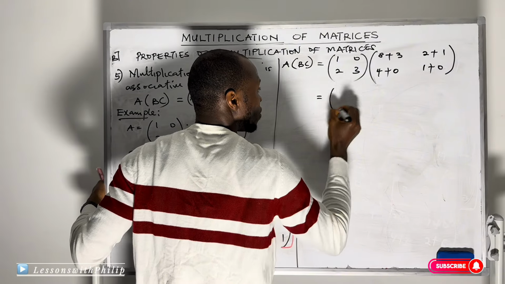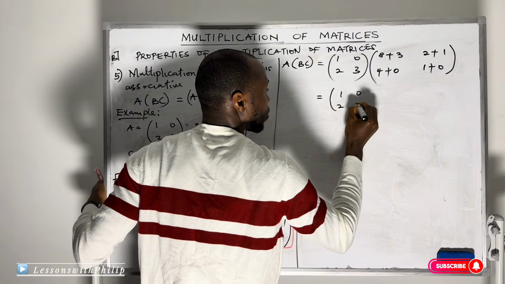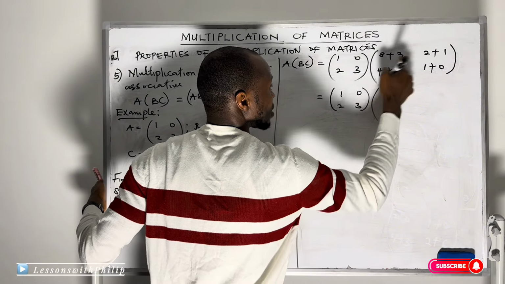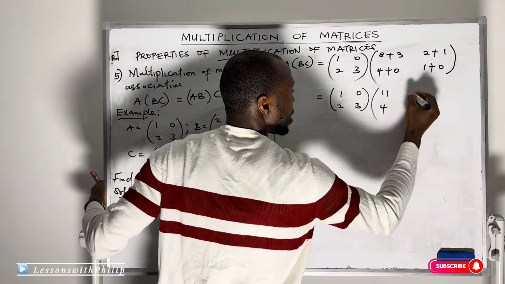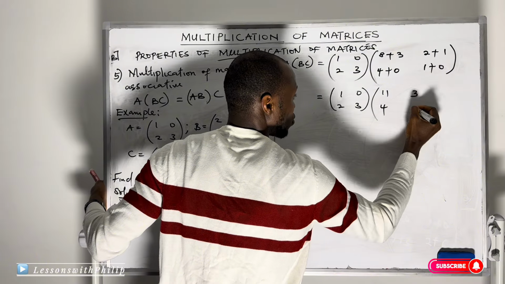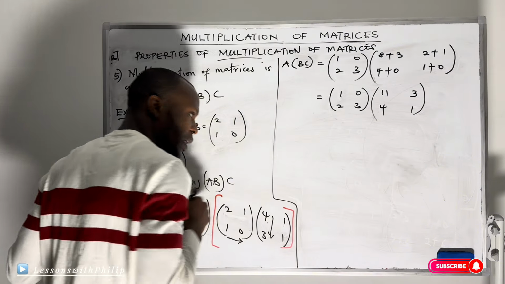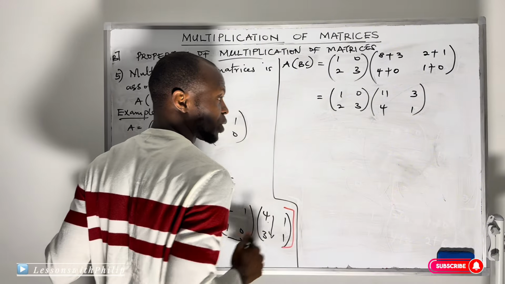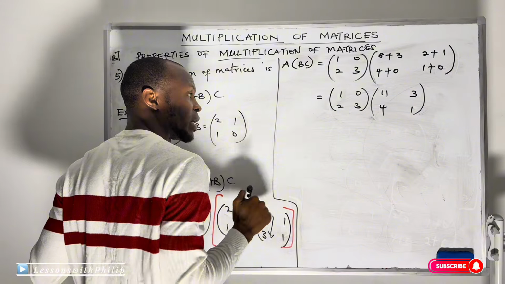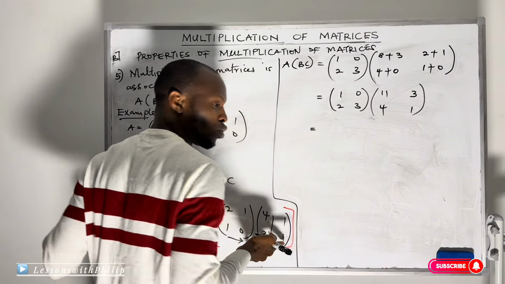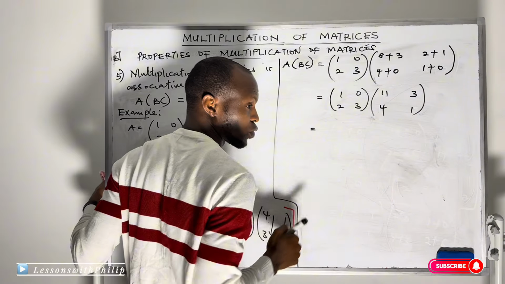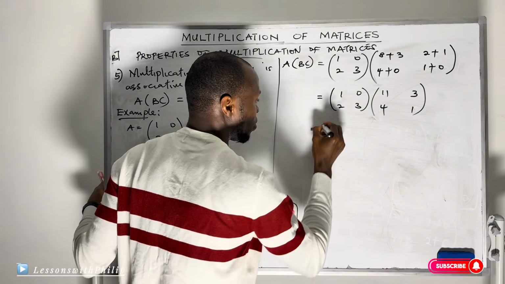Let me do the addition. So we have 1, 0, 2, 3 multiplied by 8 plus 3 is 11, 4 plus 0 is 4, 2 plus 1 is 3, and 1 plus 0 is 1. Now if I multiply these two matrices, the same principle we used to open the bracket applies.